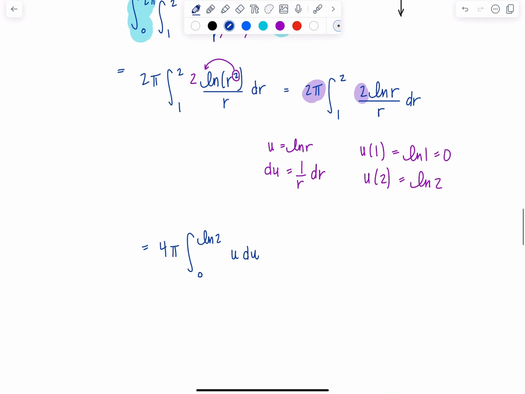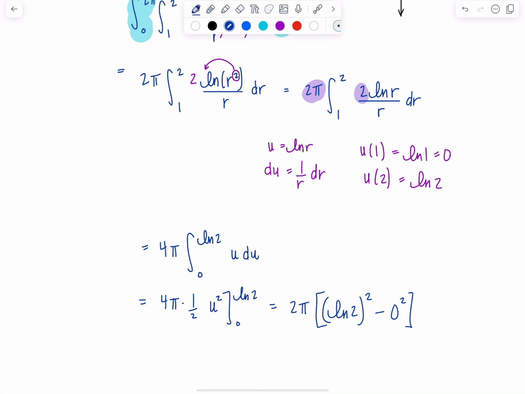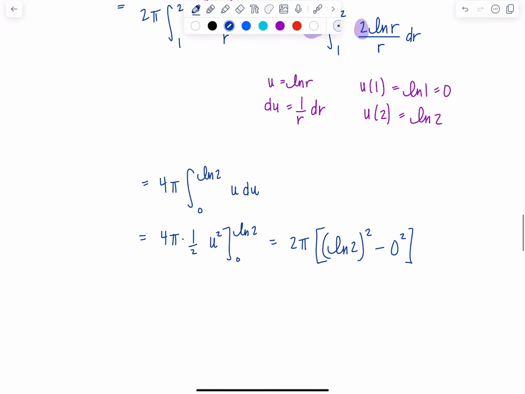Antiderivative of u, 1/2 u squared. So 4 pi times 1/2 u squared from 0 to ln of 2. So then I have 2 pi times natural log of 2 squared minus 0 squared. And then this is just 2 pi times natural log of 2 squared.